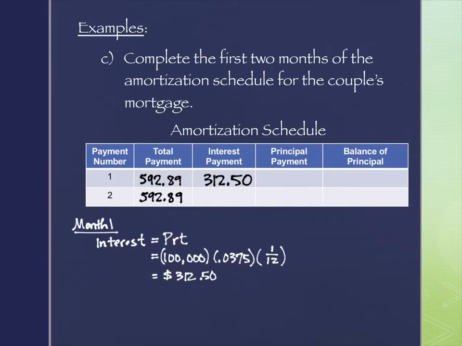Okay, now think with me. If I'm paying $592.89 and $312.50 is going to interest, how would I find out how much is going towards the principal? We would subtract. Yeah. So to get my principal payment, we would simply subtract.